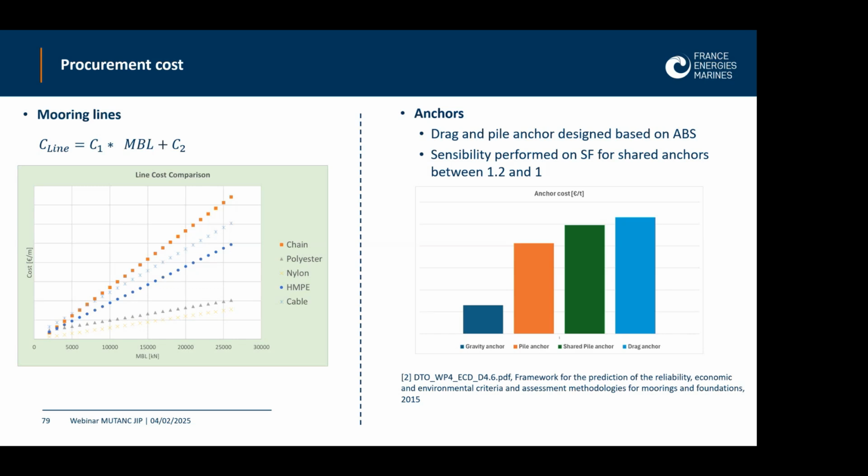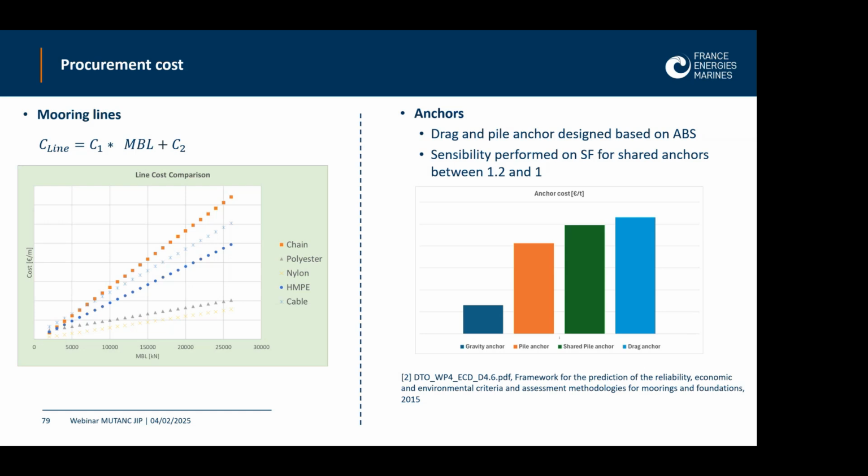For the anchors, we also consider a linear function for the cost of the anchor, but depending on the weight and not on the MBL. And for the anchor, we performed some preliminary pre-design based on the ABS standard in order to perform the comparison.